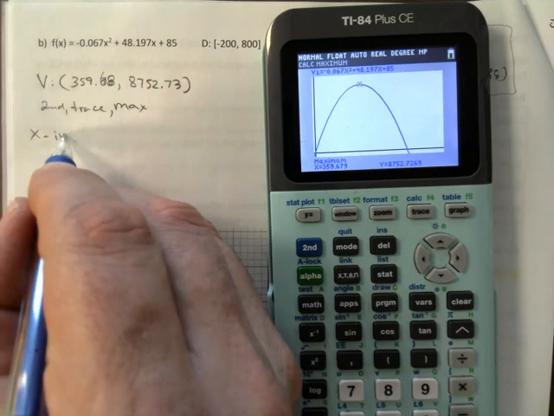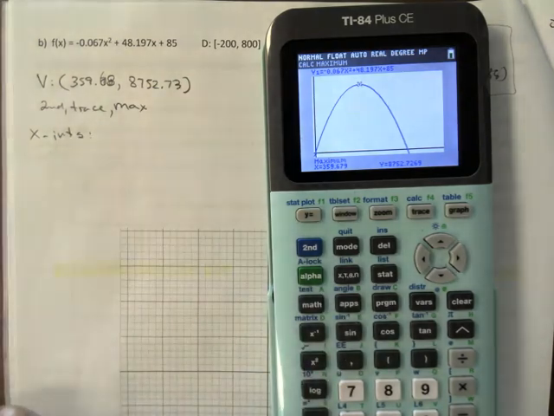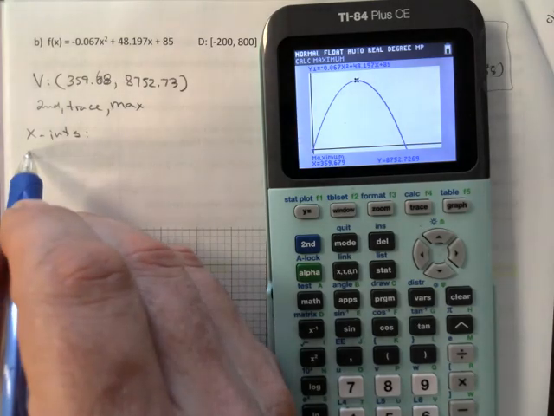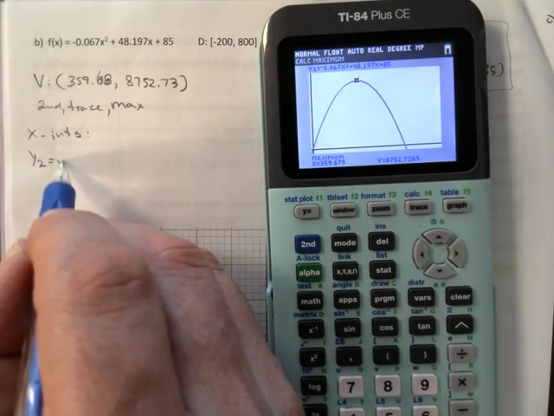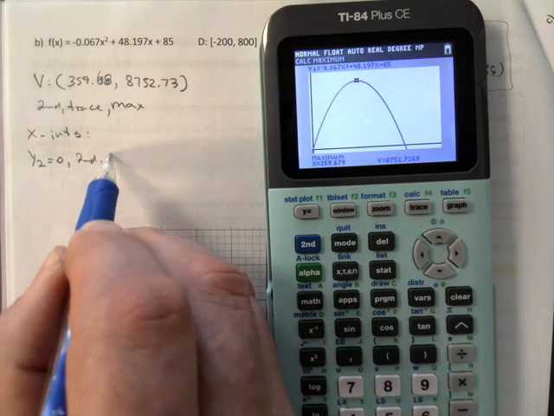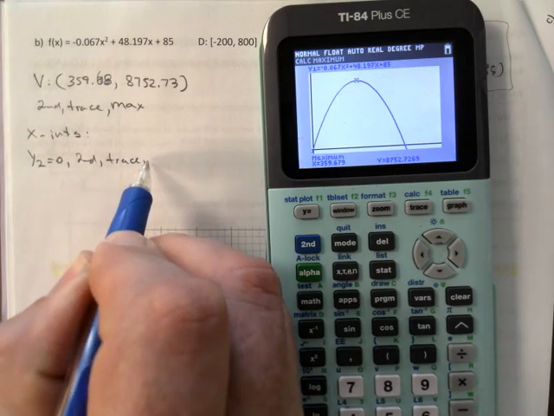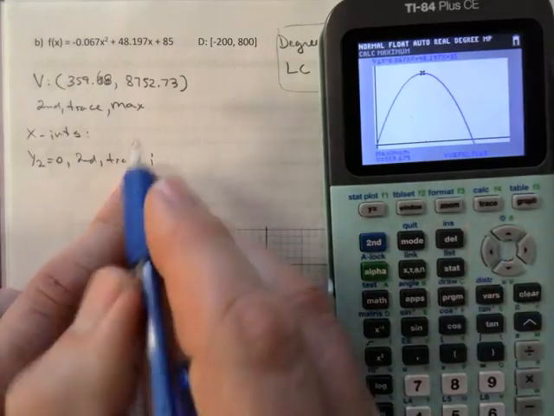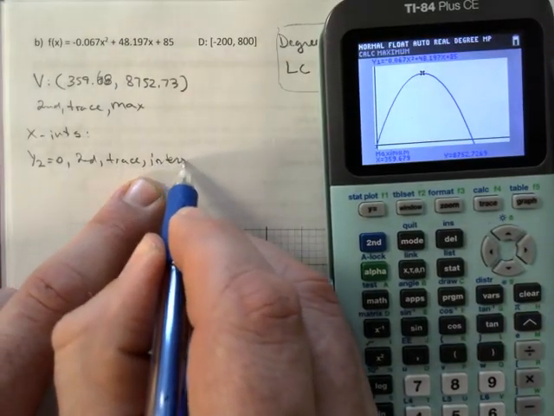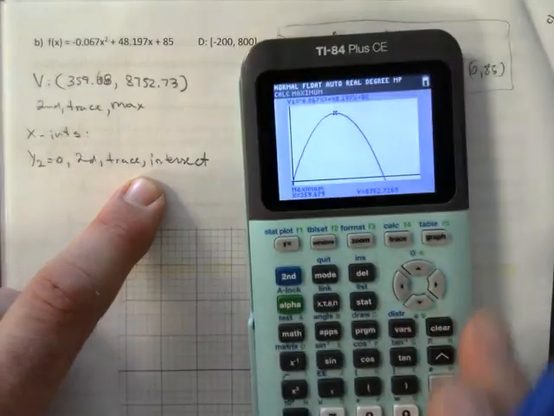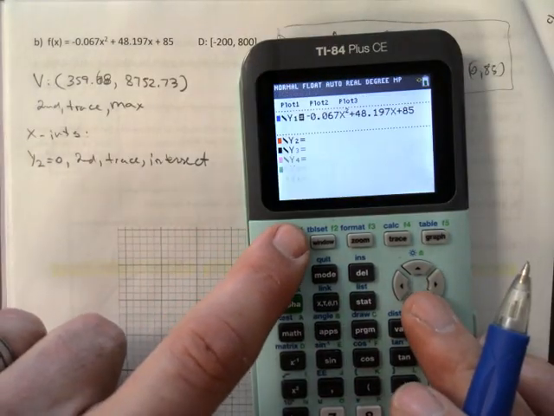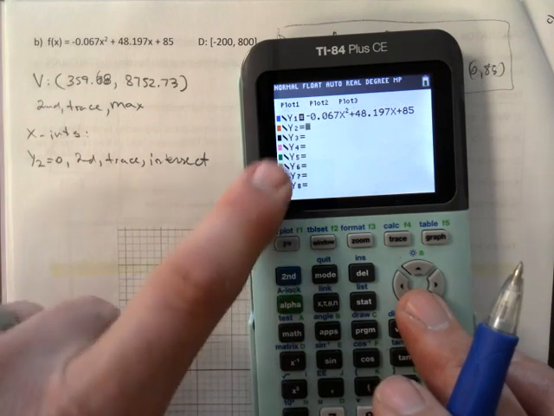The x-intercepts. There are two. How do we find them? We let y2 equal to 0. And you go second, trace, intersect. So you go to y equals, go to y2.